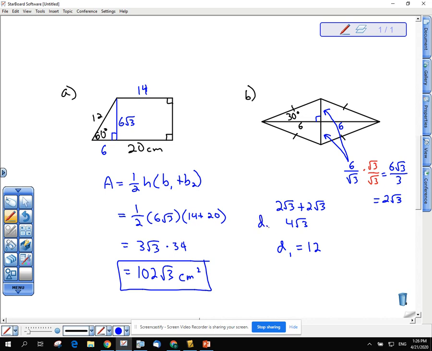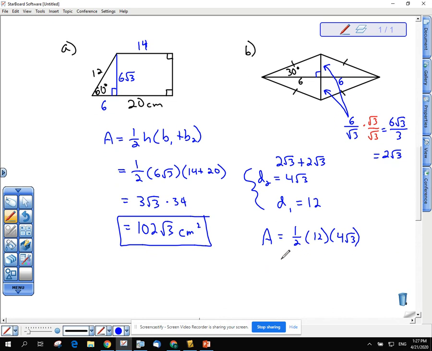The other diagonal is 4 root 3. So the area formula then, I really shouldn't circle that like you think that's the answer, but I'm going to use these two things. The area formula then is 1/2 of 12 times 4 root 3, which would be 24 root 3.